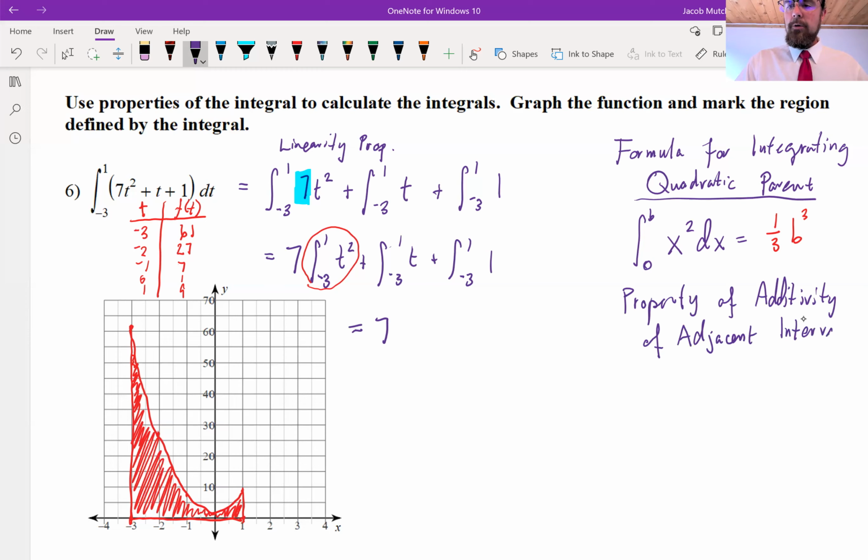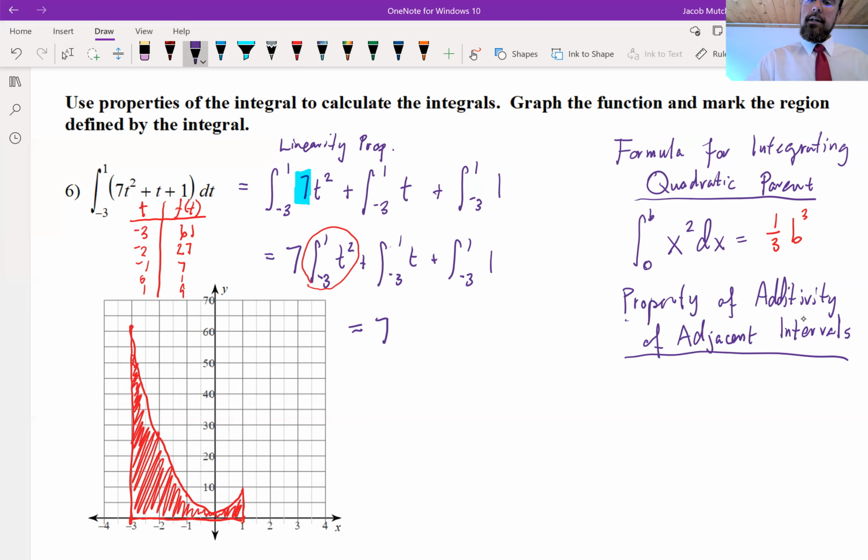And what this will help me do is partition this domain into 2 intervals where I'm considering from 0 instead of from -3. So let's say what this property says.